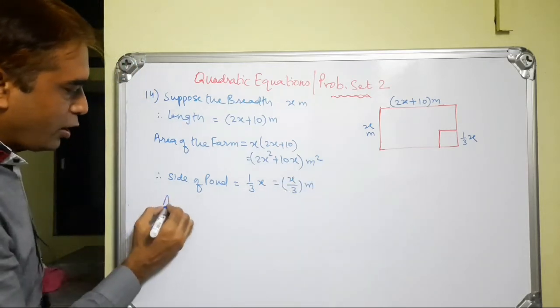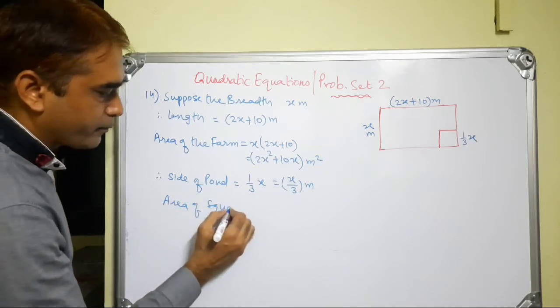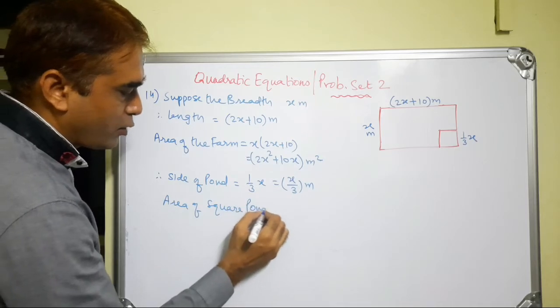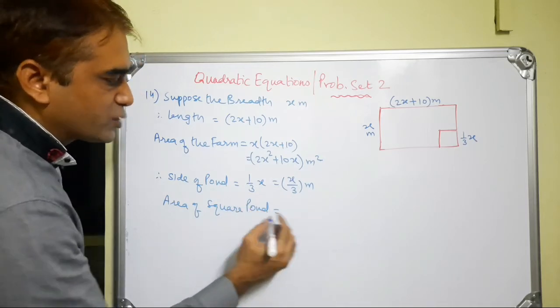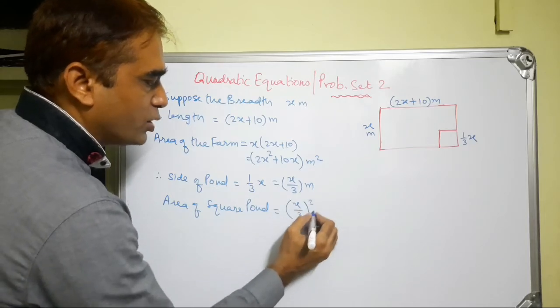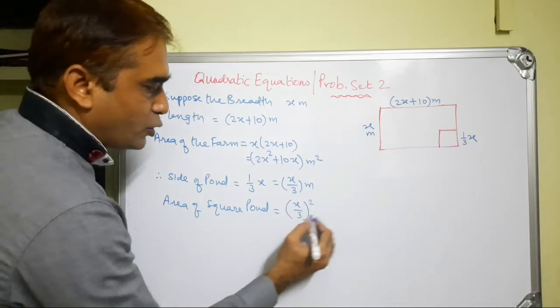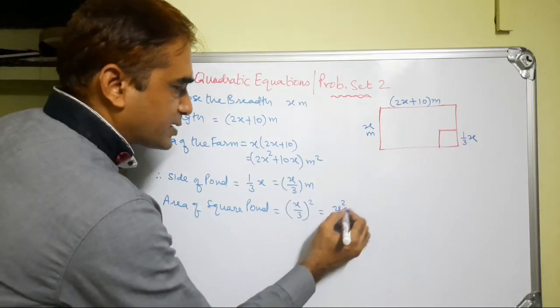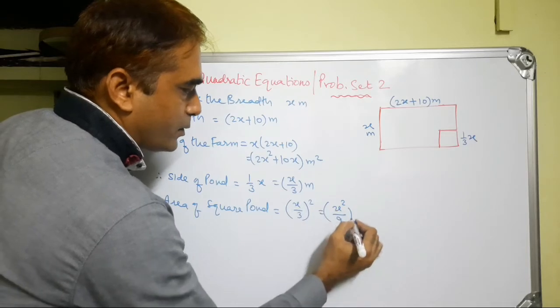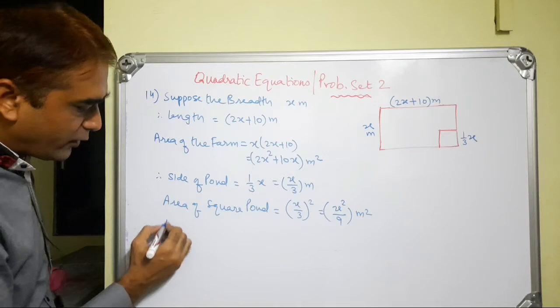Now the area of the square pond. You know that area of square equals side square, so x upon 3 whole square, or we can also write x square upon 9 meter square. Now what is given from the given condition?